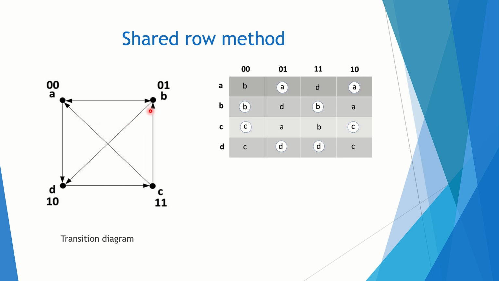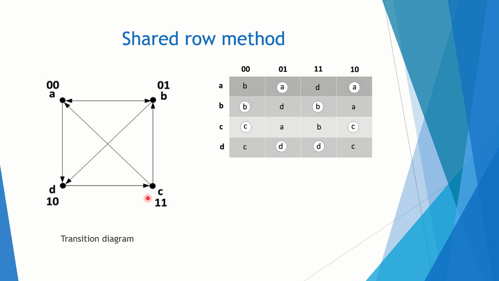Now we have to see the transitions where there is only one variable change. Only those should be allowed. So the A to B transition, 0 0 to 0 1, has only one variable change, so it is allowed here. Then B to C, you can see there is one variable change, so it is allowed.